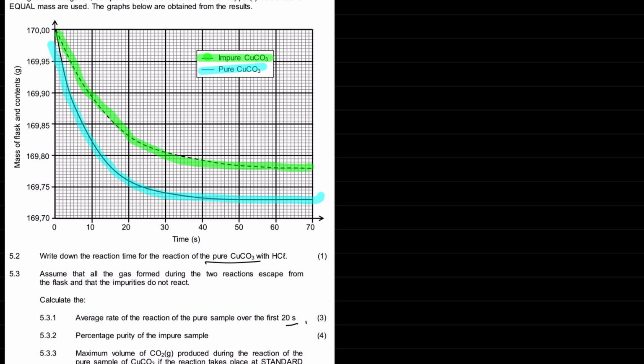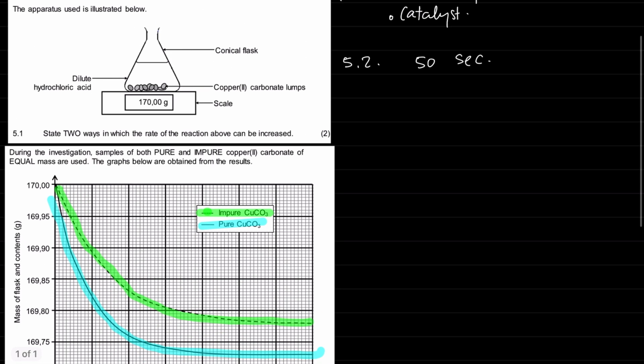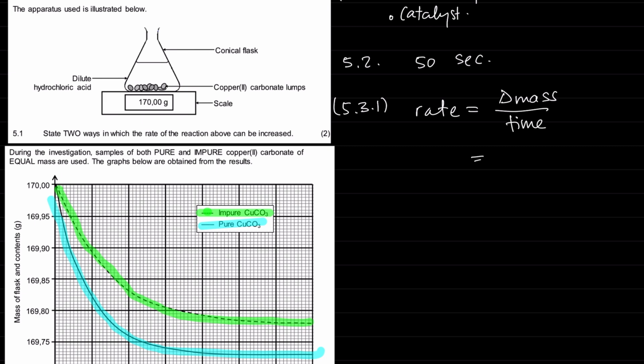This question is asking us to calculate rate, and to calculate rate, we can use the formula: rate is equal to the change in the mass, since we have mass on the y-axis, divided by time. They've asked us to calculate the rate for 20 seconds, so 20 will be in our denominator.